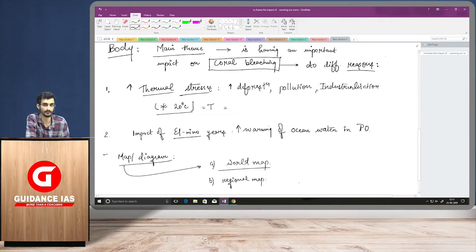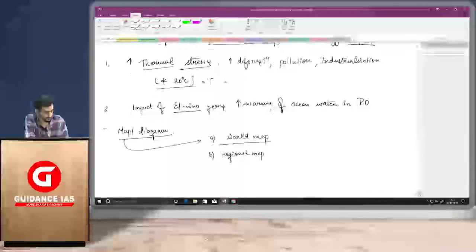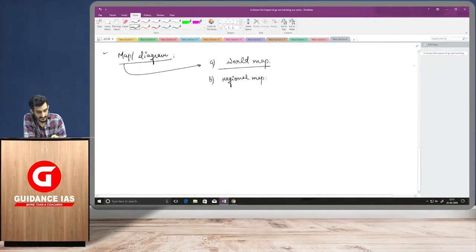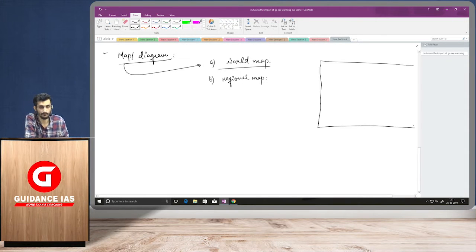Since the question is also asking for examples, we can try to draw a regional map, and it is always a good practice to box your map or diagram.